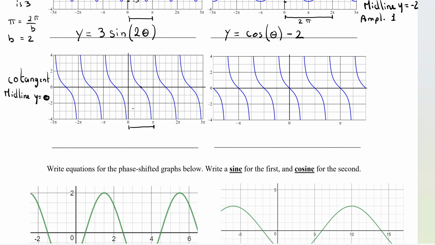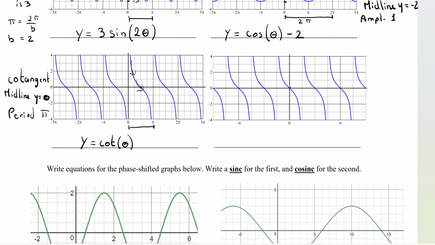And period is pi, so this is the regular period for a cotangent or a tangent, right? So we're good there. And the cotangent is a decreasing function on all its domain, right? So this one is definitely decreasing everywhere, so there is no reflection, and so this is just the plain old y is equal to the cotangent of theta, the parent function.